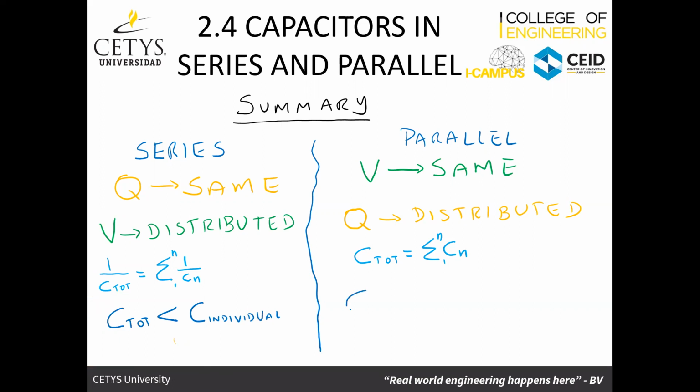And in parallel, the total capacitance is going to be larger than the individual capacitance. That's the summary of series and parallel for capacitors.